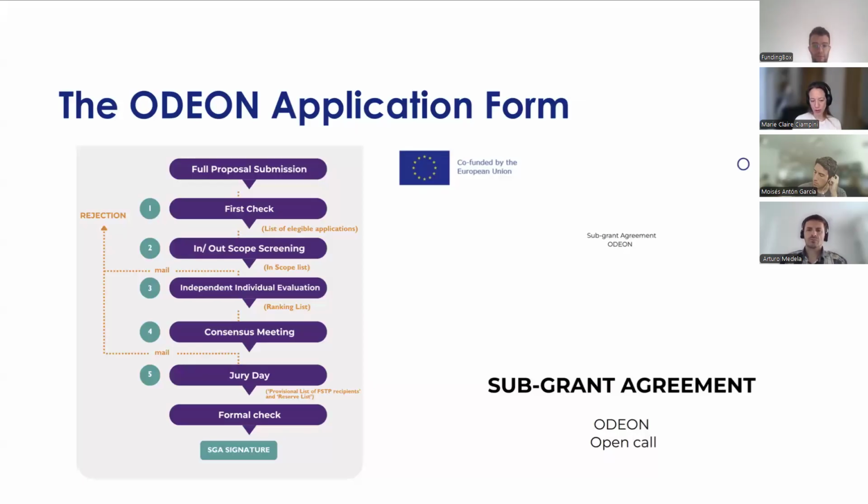And we've also provided to you on the microsite, which is the landing page of the open call, the template for the subgrant agreement so that you can see in advance whether or not you accept the terms outlined in the agreement, because there's no point really in submitting an application, being selected, and then not being okay with the terms of the participation. So I really advise that you take a look at the subgrant agreement template or draft to be sure that you're okay with the terms and conditions before even applying.